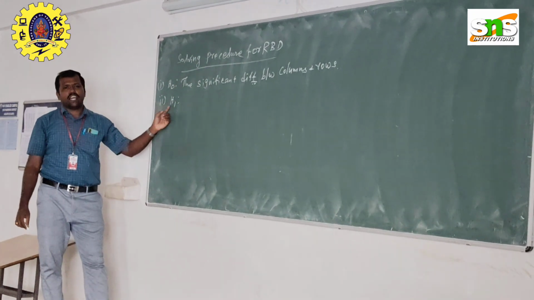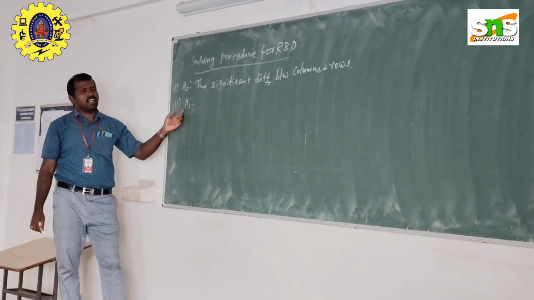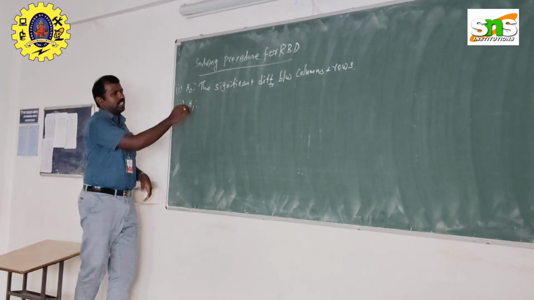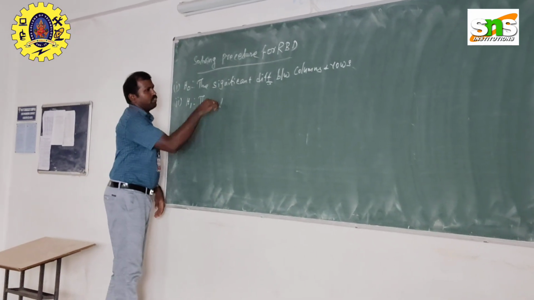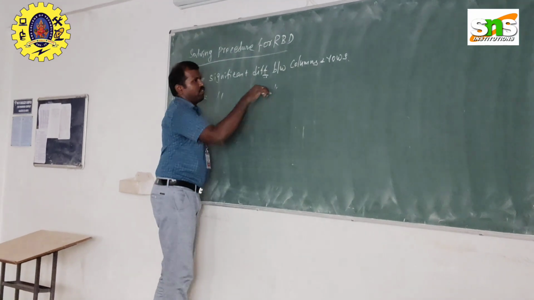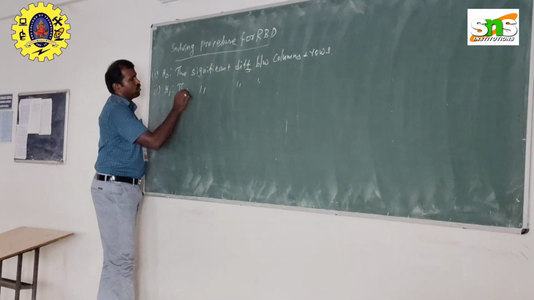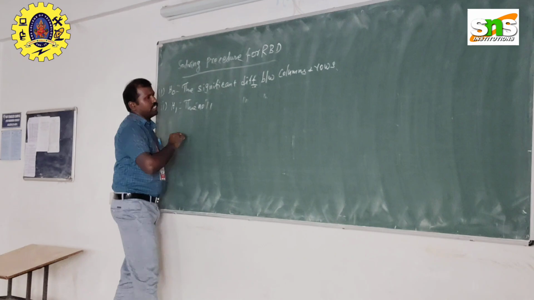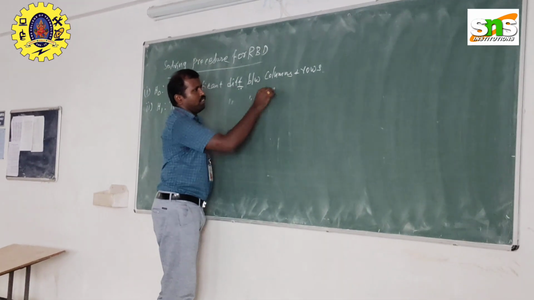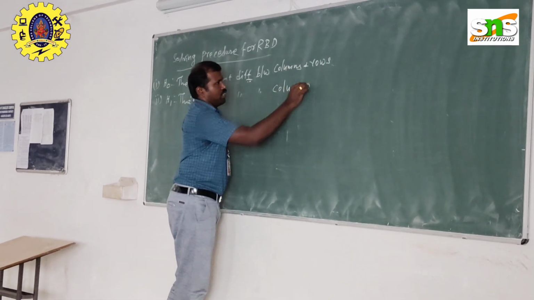The second one is H1. H1 means the alternative hypothesis. The alternative hypothesis is that there is a significant difference between columns and rows.